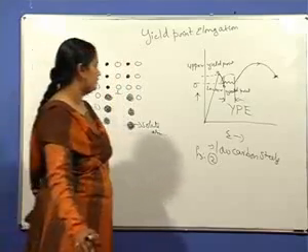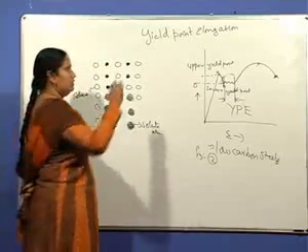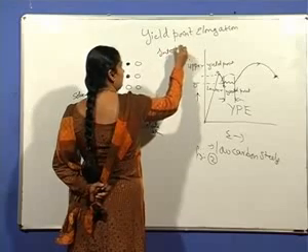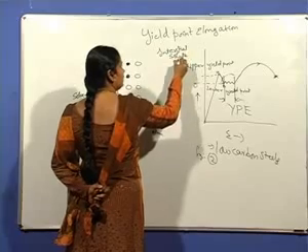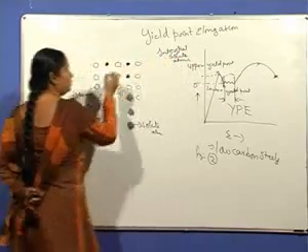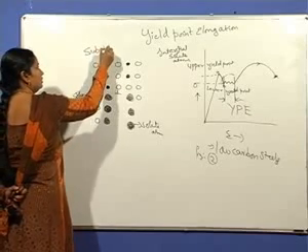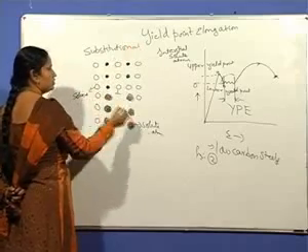The third case which I am going to draw is in the case of interstitial solute atoms, which are very, very small when compared to the solvent atoms. This is for the case of substitutional. Solvent, solute.